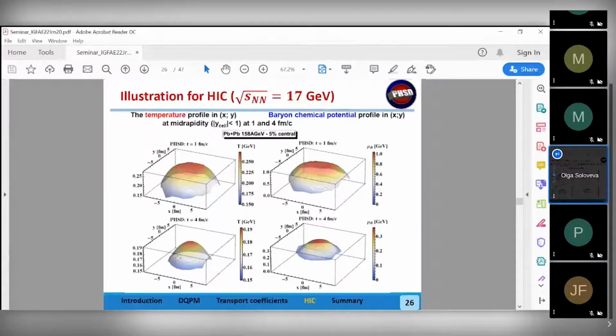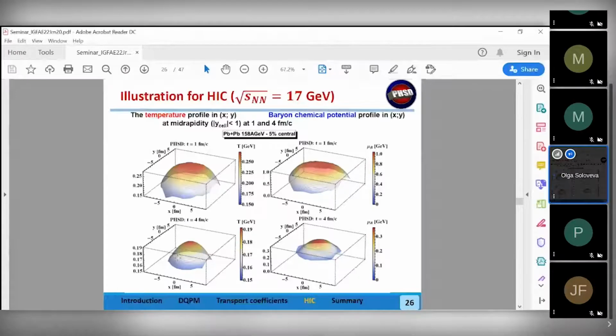You can see that the fireball expands and cools down very fast. For baryon chemical potential, you can see that the initial baryon chemical potential is quite large, but it also drops very fast to the value 0.25 GeV, which is in accordance with expectations from thermal models.